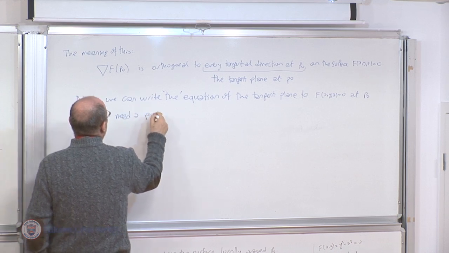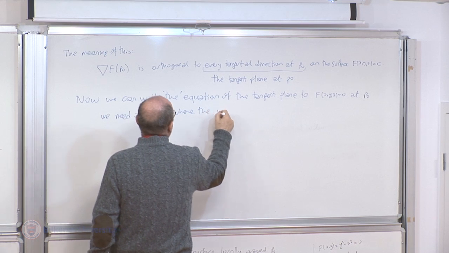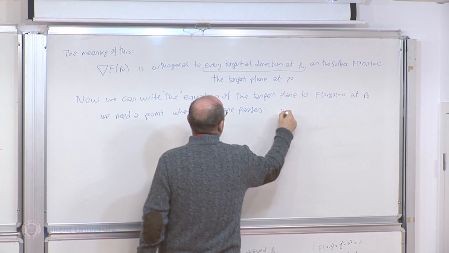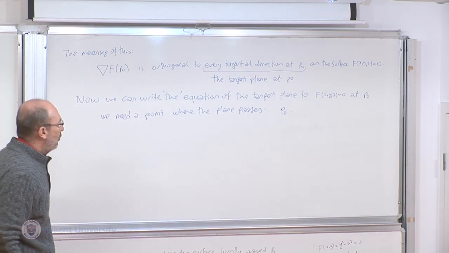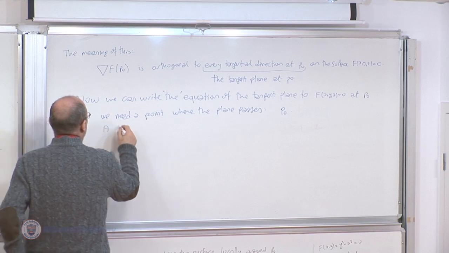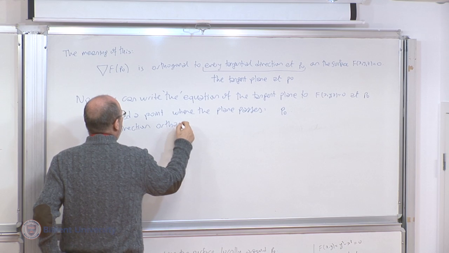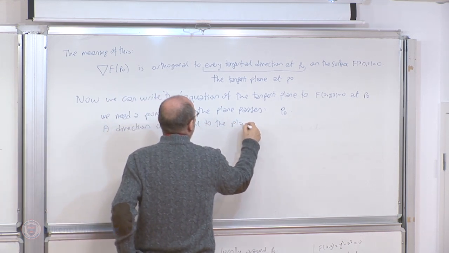Okay, so we need a point where the plane passes. So p sub 0, we want this plane to pass through p sub 0. A direction orthogonal to the plane.